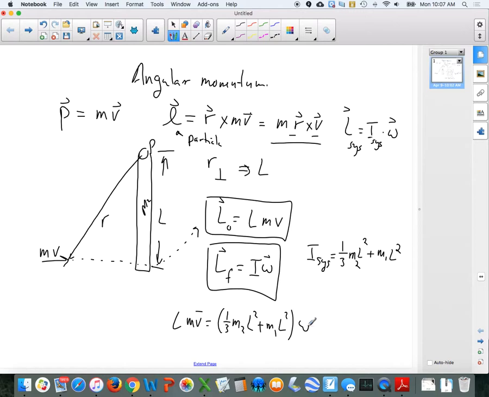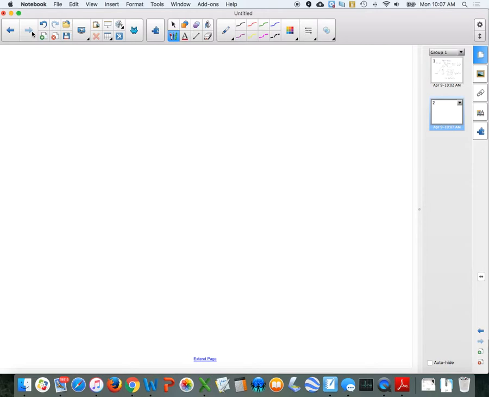The next problem that you often see is, imagine that I'm looking down on ice, and I have a rod that is set to spin, and I have an incoming mass.